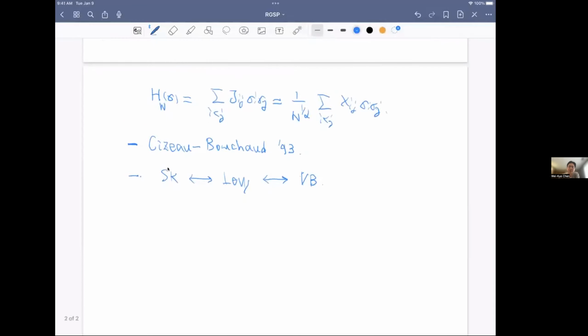This might be easier to see given the form is already like this, so this is pretty much like the SK, right? And why is this the same as the Viana-Bray model? You will see later on that I'm going to perform a truncation trick so that the model looks like the Viana-Bray model.